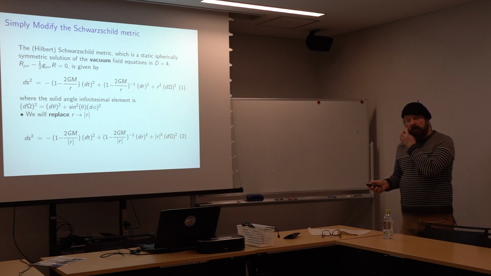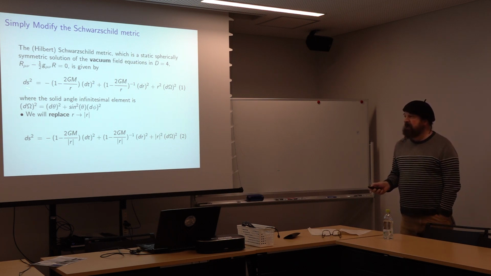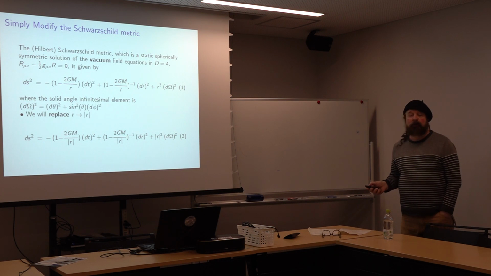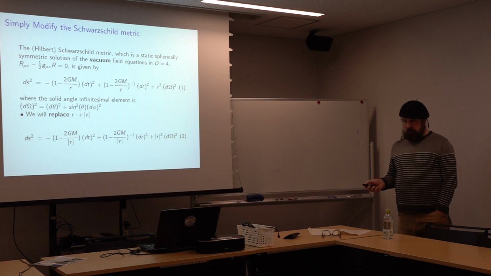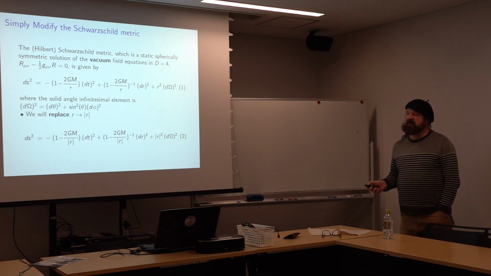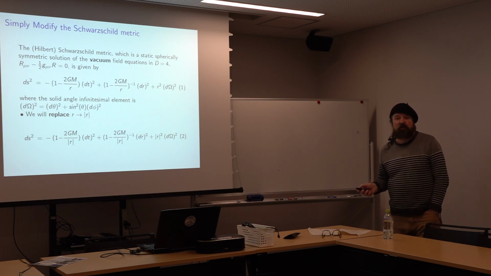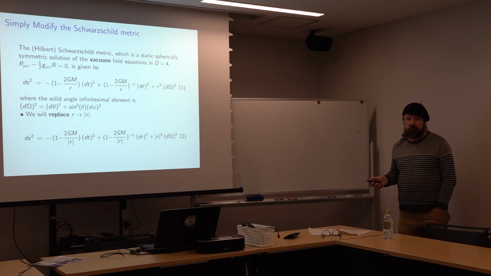The solution that Schwarzschild found is the same as the Hilbert solution up to a diffeomorphism. Remember, the Einstein field equations are invariant under coordinate transformations. But for historical reasons, everybody calls this the Schwarzschild solution.